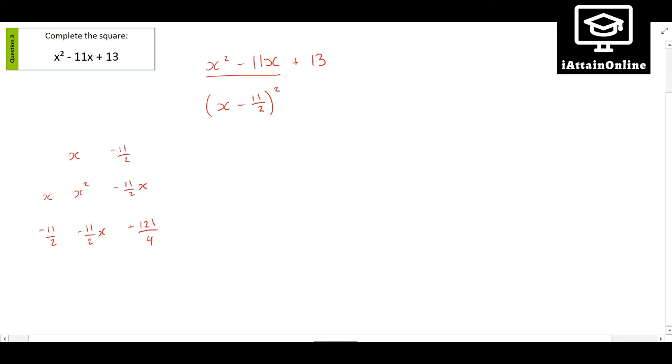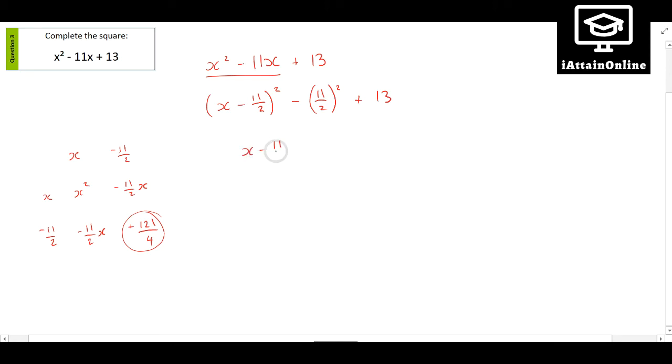So we're going to take away this 11 over 2 squared. Remember, when you multiply two negatives together, that gives you a positive, which is why I'm taking away. I then want to put that plus 13 on the end.